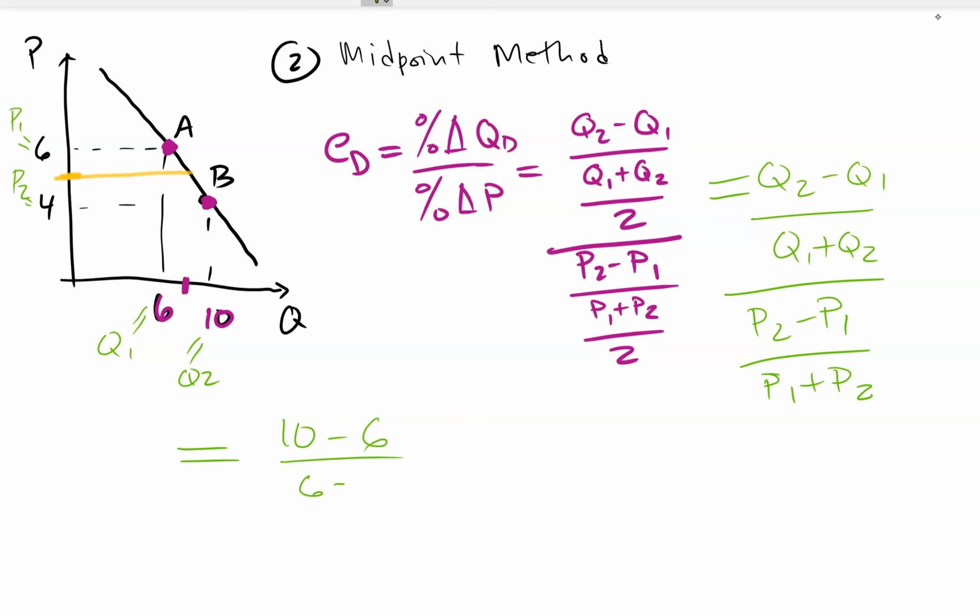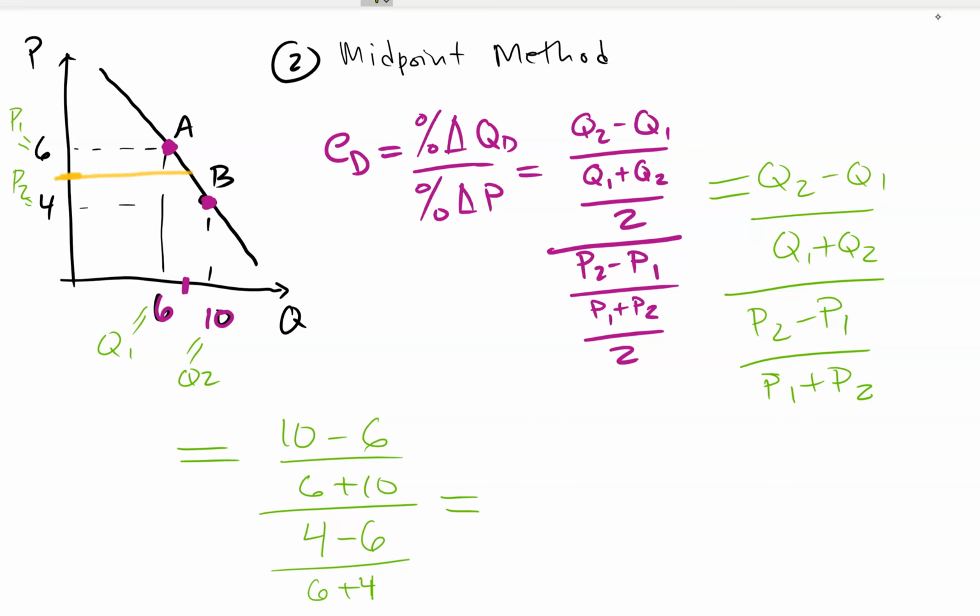I'll write 6 plus 10 just to keep consistent. They would be the same thing though. And on the bottom, the price goes from 6 to 4, so the price goes down by 2, and then we divide by 6 plus 4. Again, if you want to divide the bottom part by 2, go for it. It'll give you exactly the same answer.